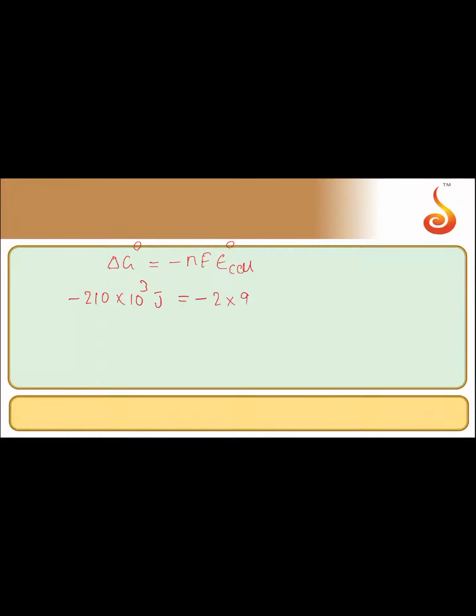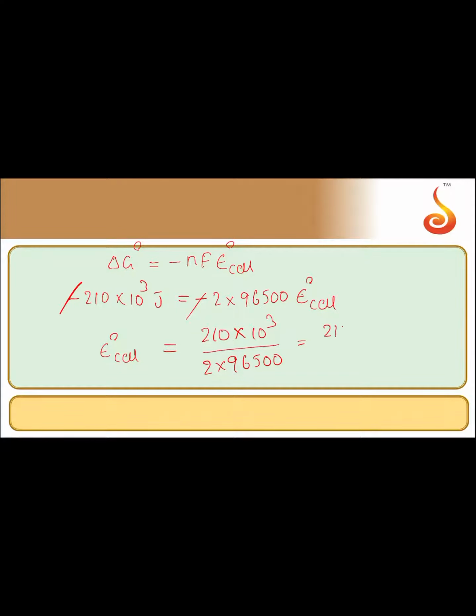Into F, which is 96,500, into E°cell. From this, E°cell is equal to, cancelling the minus, 210 into 10 power 3 by 2 into 96,500.